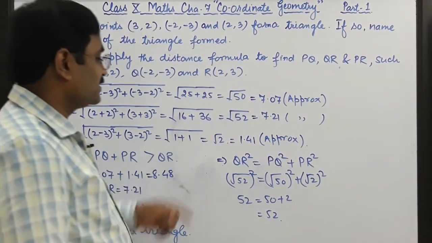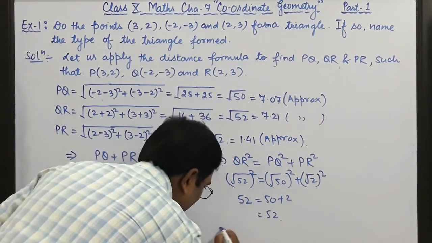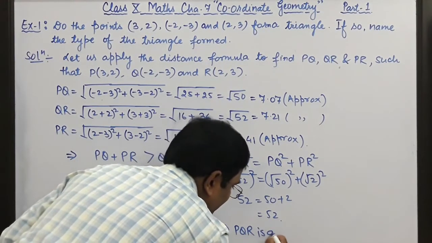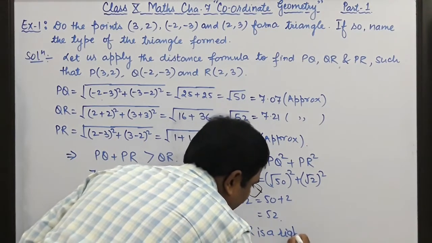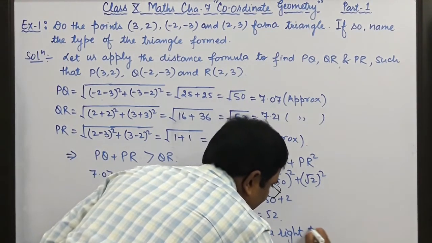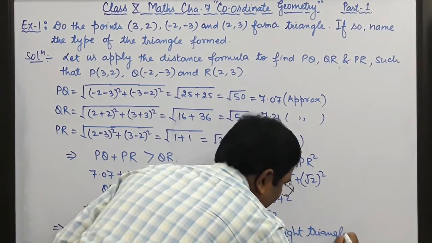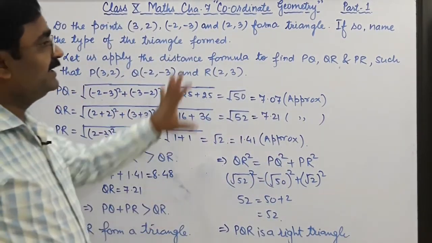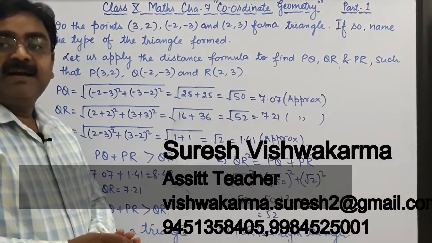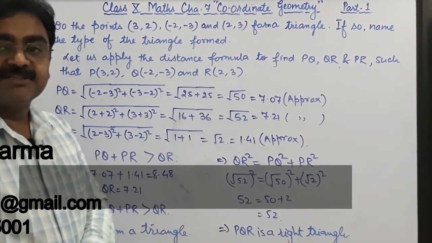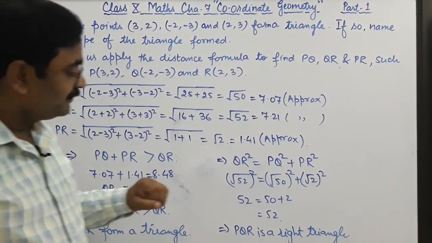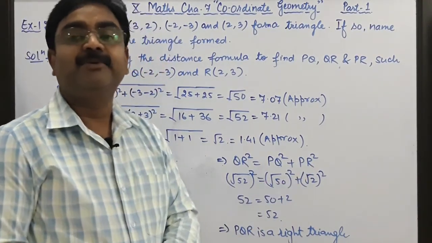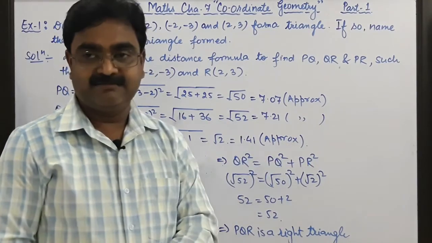Therefore PQR is a right angle triangle. Okay, so first we have decided that this is a triangle. After getting this decision, which type of triangle? It is a right angle triangle, because this is following the Pythagoras theorem.